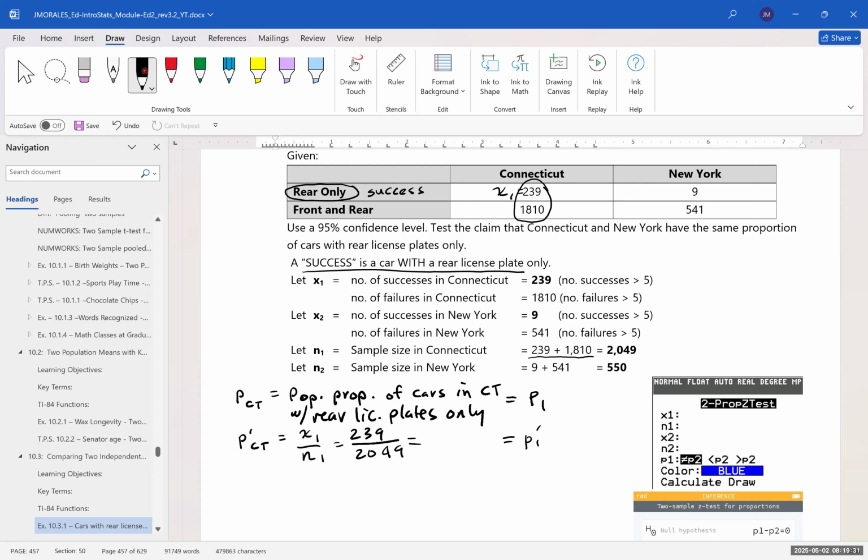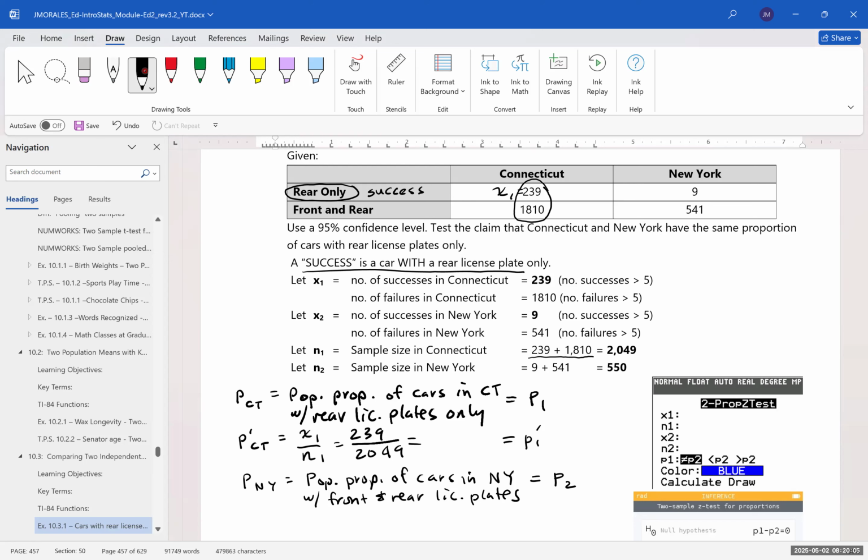Now we've got the population proportion from New York. That's the population proportion of cars in New York with rear license plates only, and we're going to label that P sub 2.